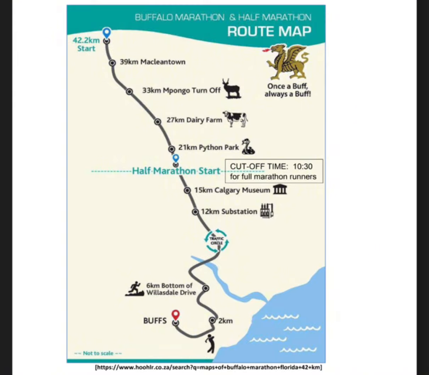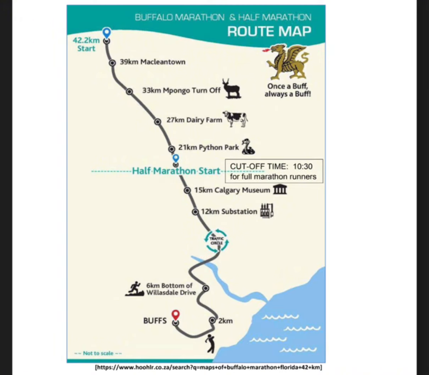If you look at this question, the first thing that we need to know is to study our map route. So we have a Buffalo Marathon and half marathon route map. The starting point is 42.2 kilometers.